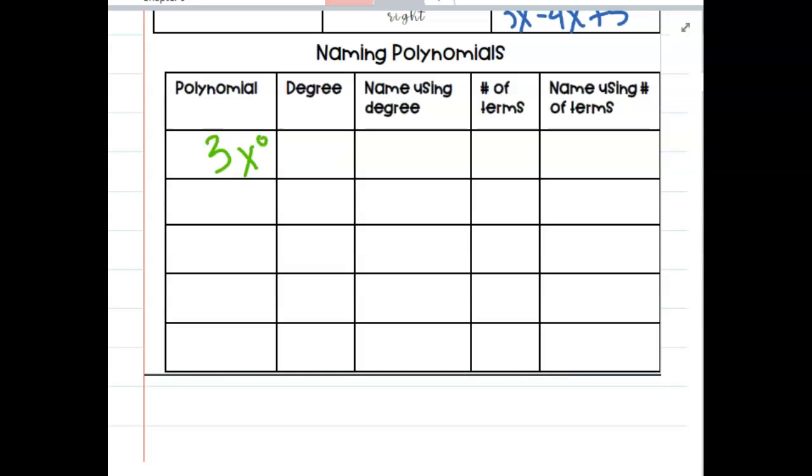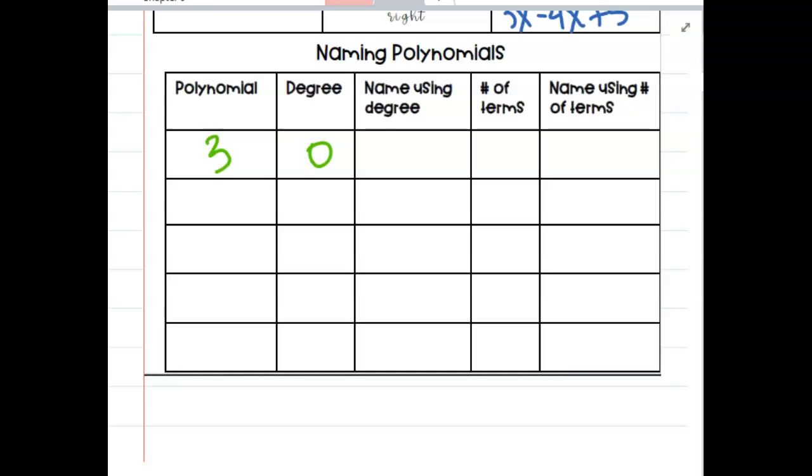But if this was an x to the 0, what is anything to the 0 power? 1, right? So the x wouldn't be there. So anytime you don't have a variable, the degree is 0.